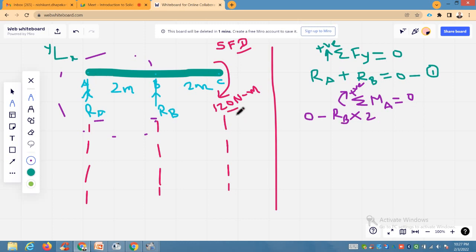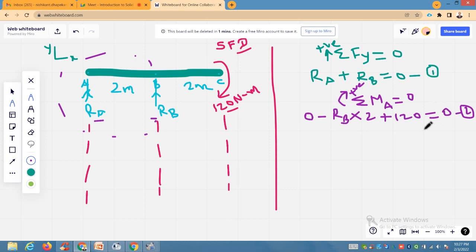But as the moment is already in Newton meter, you need not multiply by a lever arm. You have to multiply force with lever arm to determine moments. But in the case of moments, you need not multiply with any value or lever arm or distance. So this is a clockwise moment. So clockwise positive. So I am taking here plus 120 equals to 0. So equation number 2.